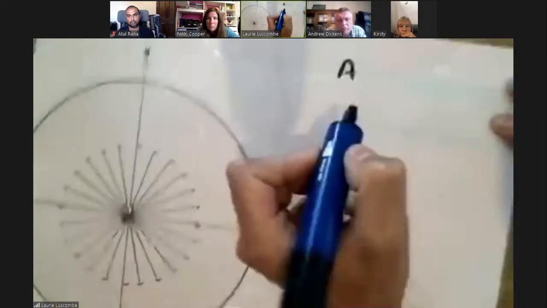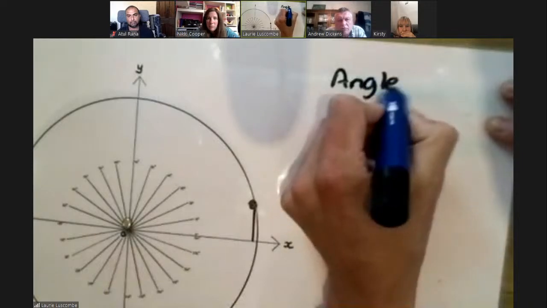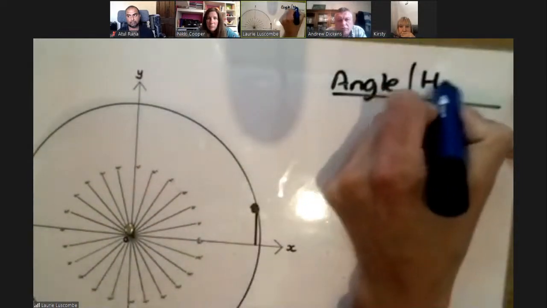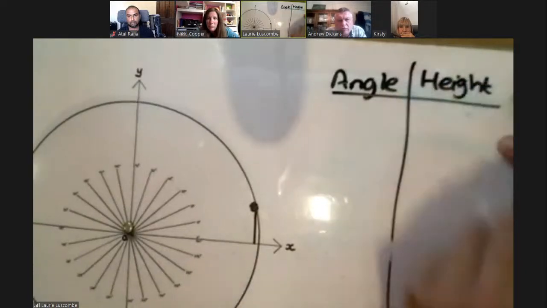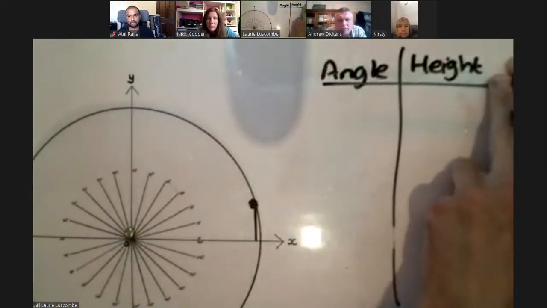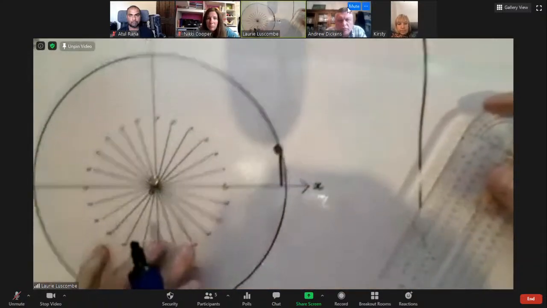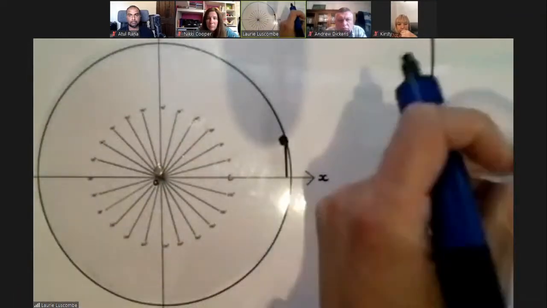So you'll end up with something along the lines of angle, and height perhaps, and we might discuss the importance of having some units in there. And we're even subtly picky, I suppose.